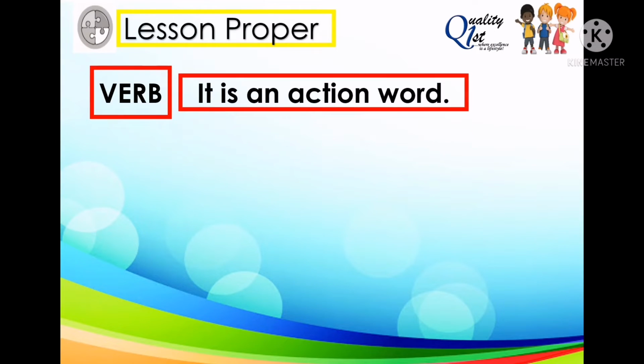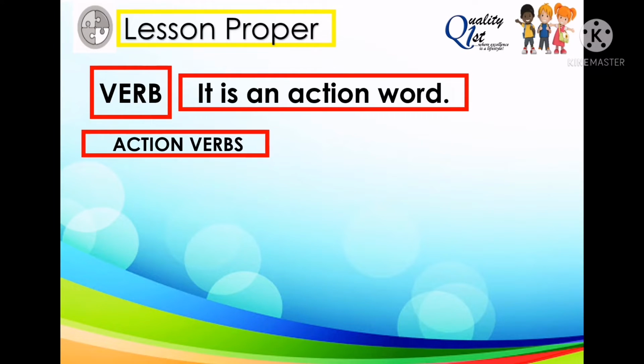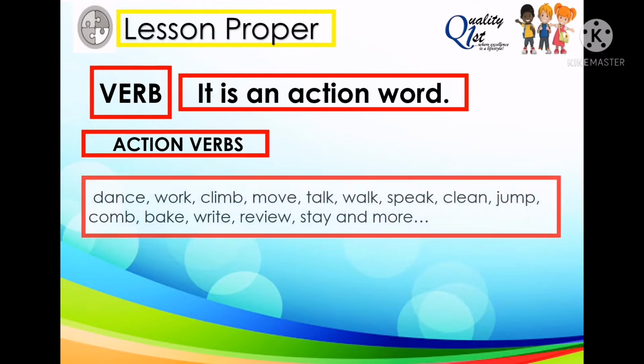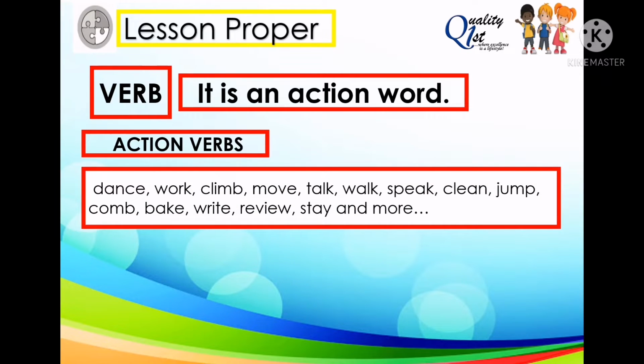Now, when we say verb, it is an action word. Remember that, okay? Now let's have examples of action verbs. We have dance, work, climb, move, talk, walk, speak, clean, jump, comb, bake, write, review, stay, and many more.